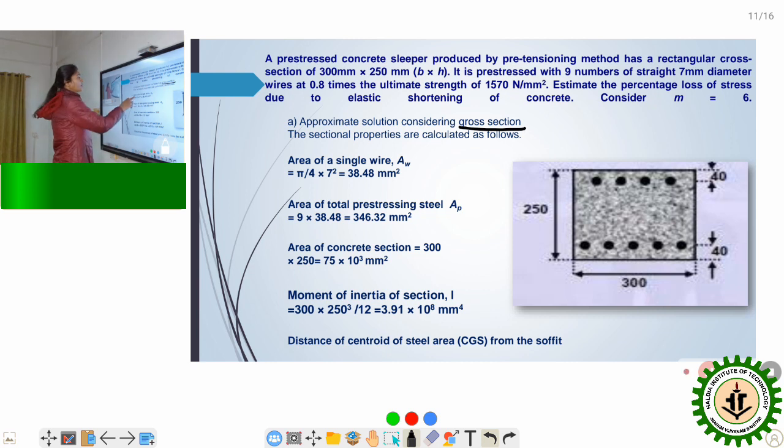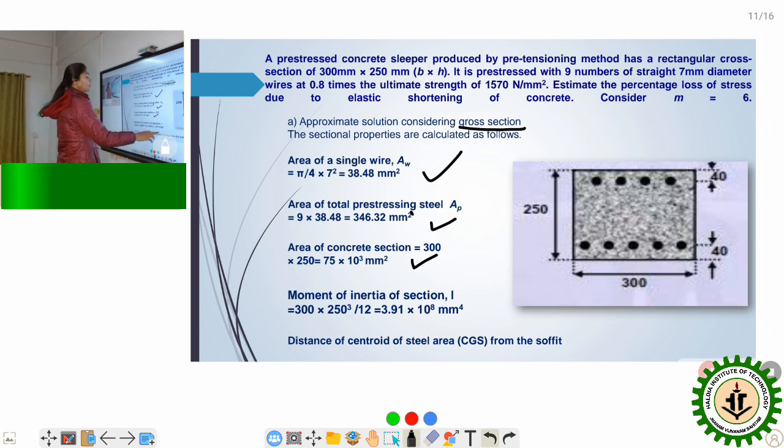For the area of a single wire, we know that it is pi by 4 into the diameter of the wire squared, which is 7 mm. Next, the area of the total pre-stressing steel will be 9, the number of tendons, into the area of the tendon. Now we have the gross sectional area, that is 300 into 250.